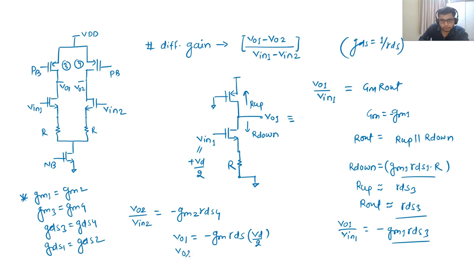And what is your V out 2? It is minus GM RDS times minus V divided by 2. So from here we can find V out 1 minus V out 2 equals minus GM RDS VD. This quantity is VD.